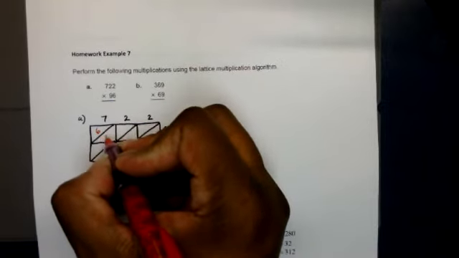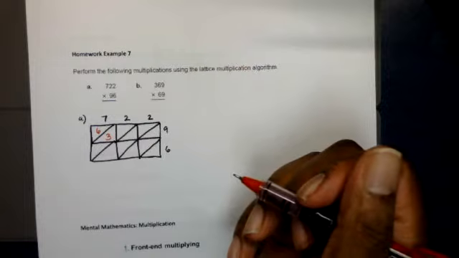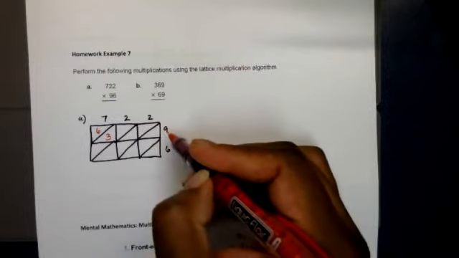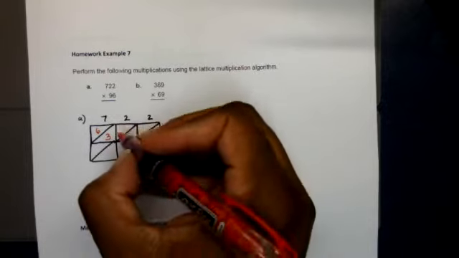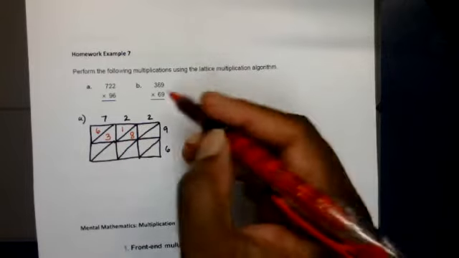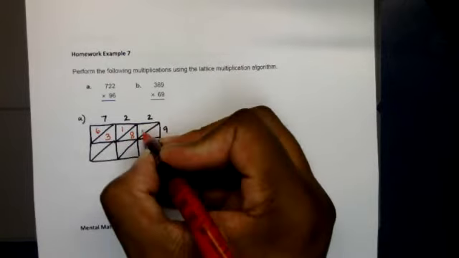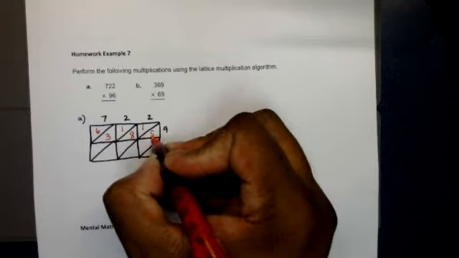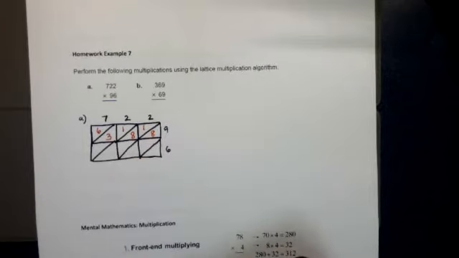So the 6 goes on top and the 3 goes on the bottom. Then I'm going to do 2 times 9, that would be 18. So the 1 goes on top, 8 goes on the bottom. 2 times 9, that's still 18. 1 goes on top, 8 goes on the bottom.